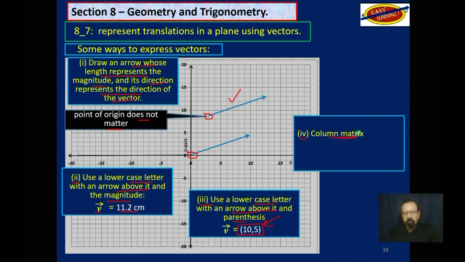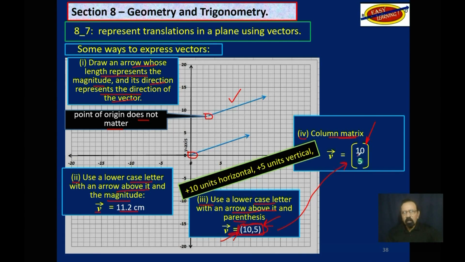column matrix. The vector v is represented by the column matrix 10, 5, and it's in square brackets. Now notice that this here is not much different from that, except that it's organized differently, and you may mistake that for a coordinate. Whereas in this case, it is not a coordinate. You cannot mix it up and say that's a coordinate, 10, 5.